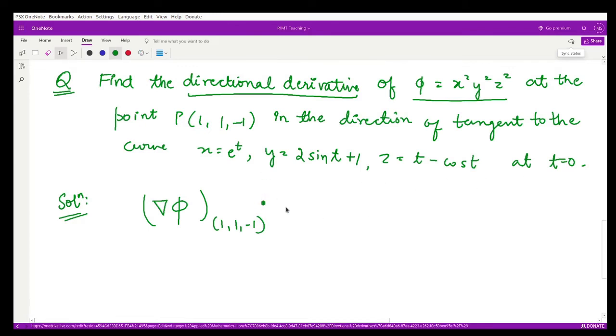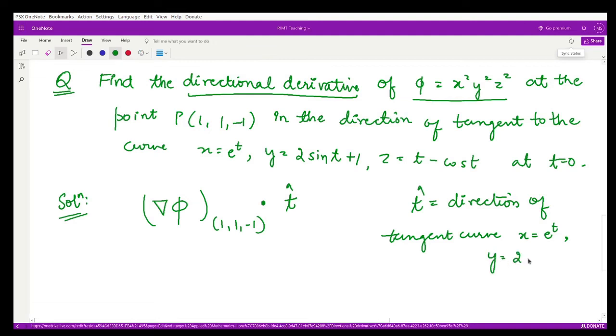Let me call that t cap, where t cap is the direction of the tangent to the curve x equals e to the power t, y equals 2 sine t plus 1, and z equals t minus cos t at the point t equals 0. So we have to compute these two quantities.